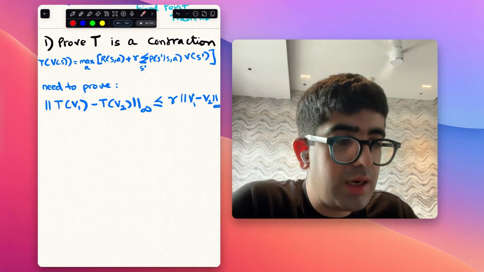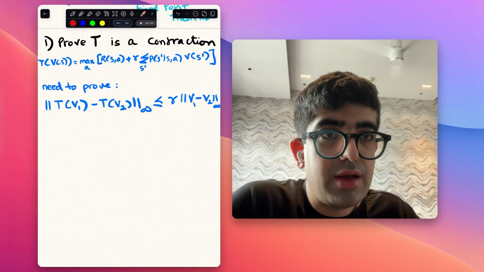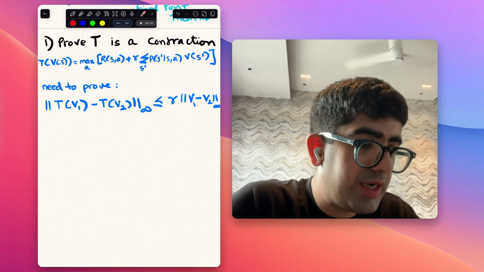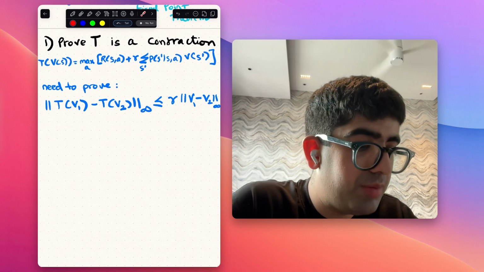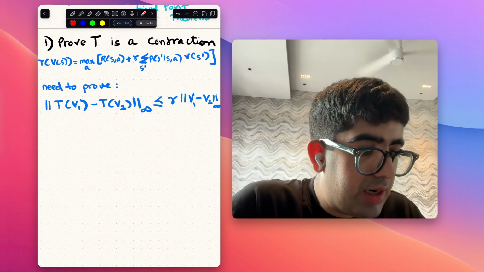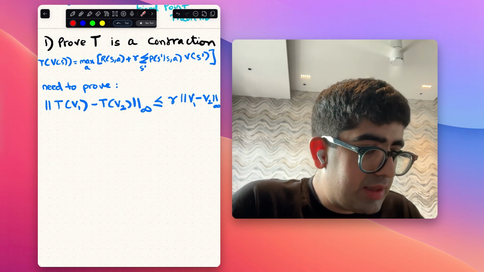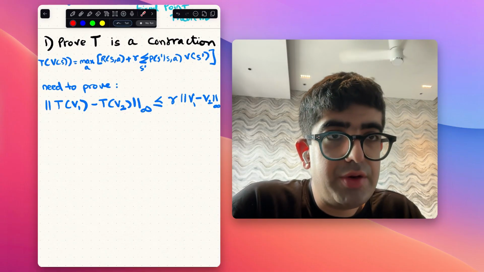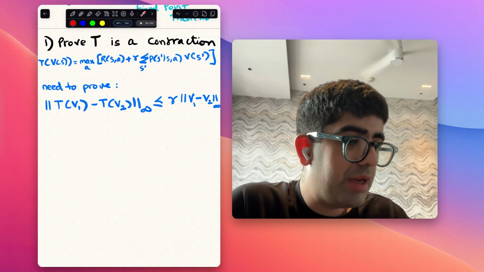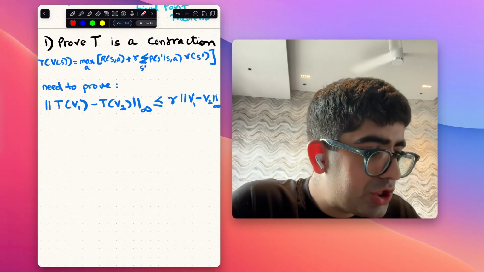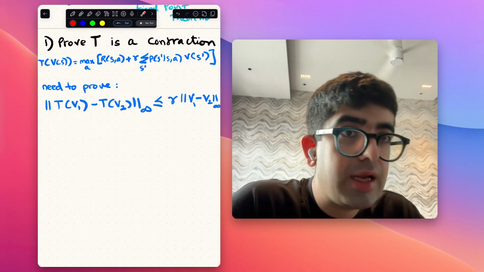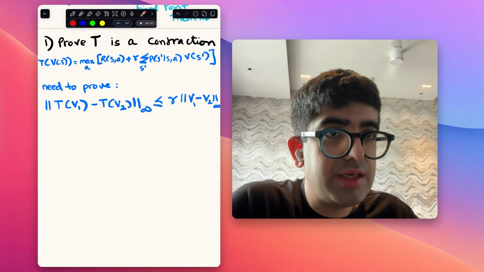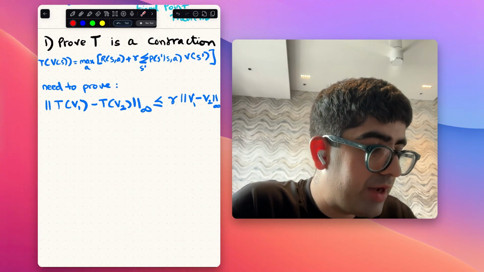So basically, we will be proving that T is a contraction, and in order for T to be a contraction, the distance between V1 and V2 upon application of the Bellman operator should shrink at most by a factor of gamma.